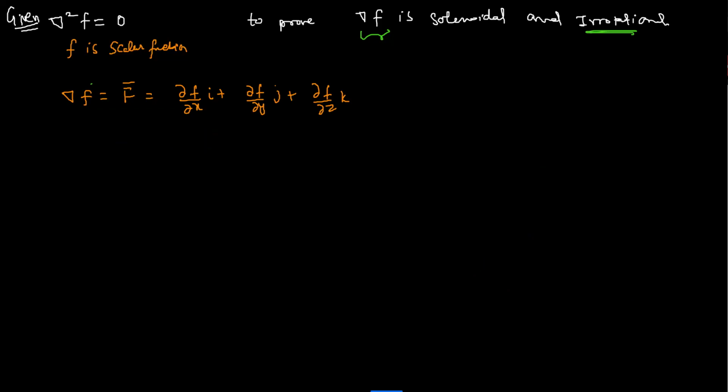And for solenoidal, divergence must be zero. Divergence of this means dot product with grad f. How to find dot product? i del by del x, j del by del y, k del by del z.